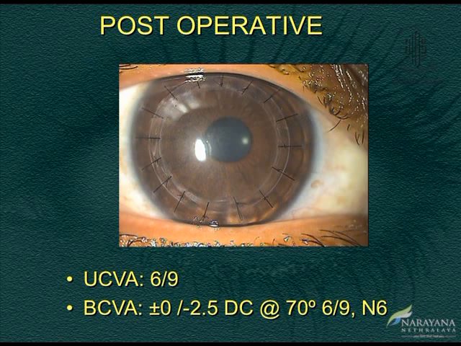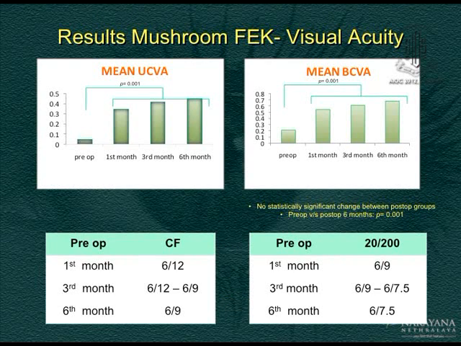I did a femtosecond enabled keratoplasty, and to my surprise, on day 1, the uncorrected vision was 6/9. I would say this is the only corneal transplant surgery where on day one I'm confident that the vision would be at least 6/12 unaided, which is a wonderful thing.